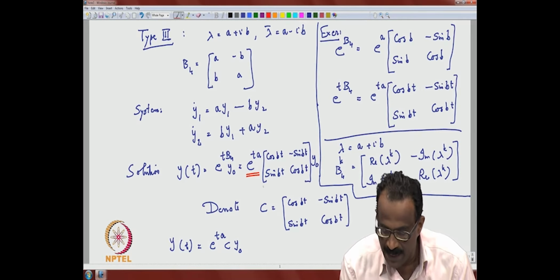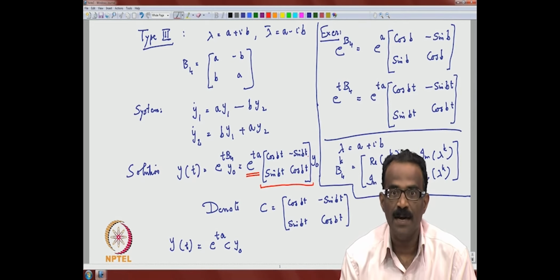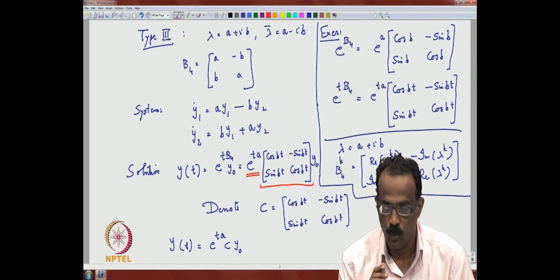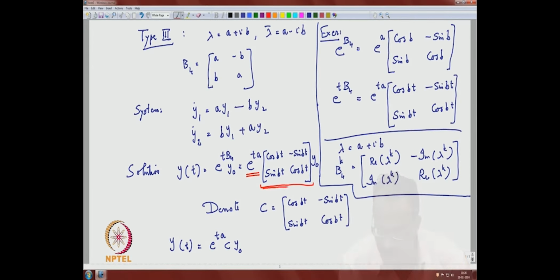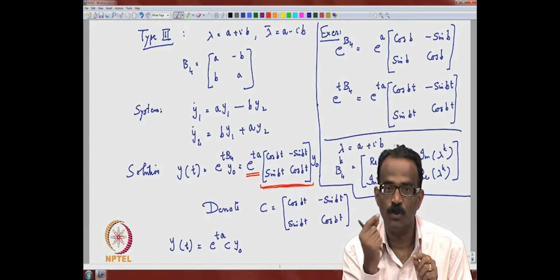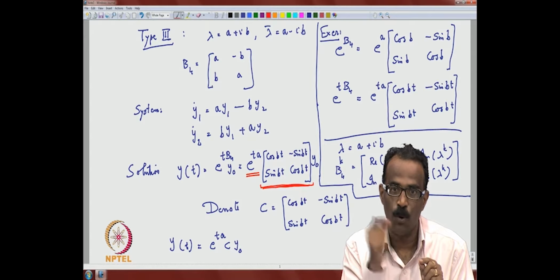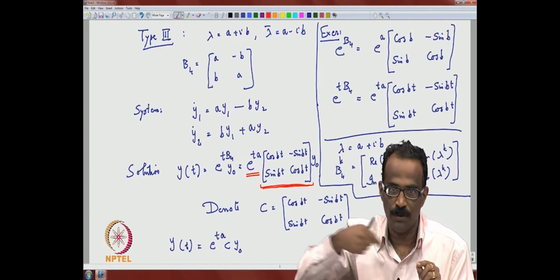On the other hand, the terms cos and sin are periodic with period 2 pi. So the second term, when acting on y naught, shows some rotation: if you start with the point y naught, it will rotate around the origin. That is what C will do.